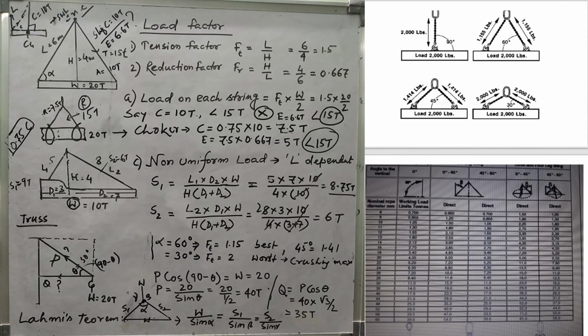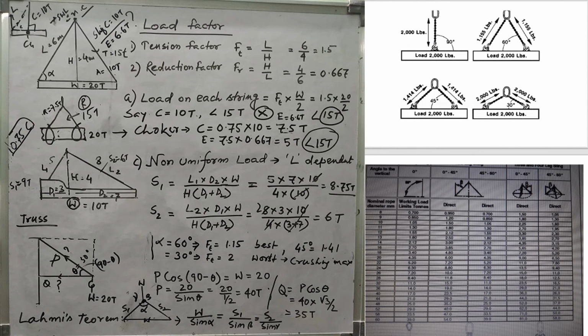So from this example of 10 ton lifting load, the shorter string will carry 8.75 ton, and the longer will be 6 ton.